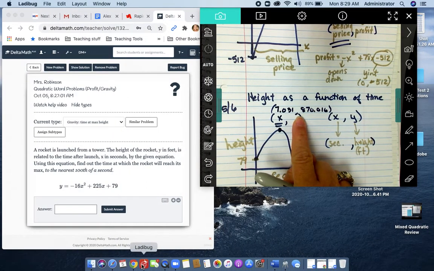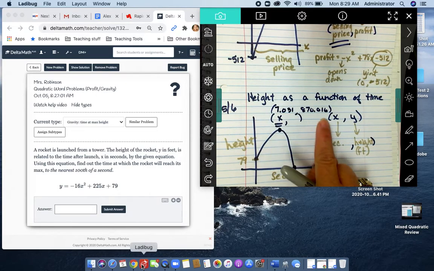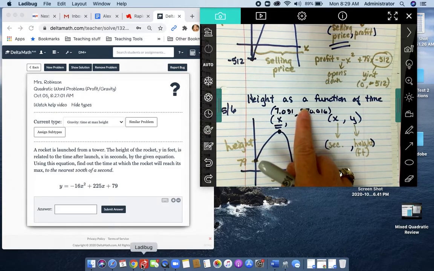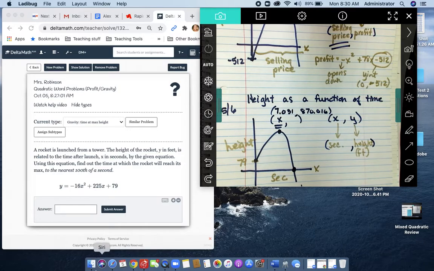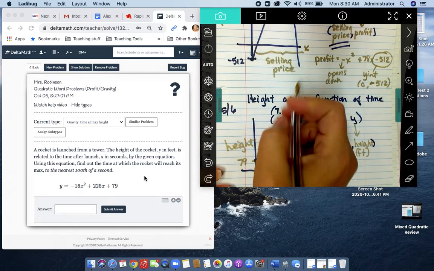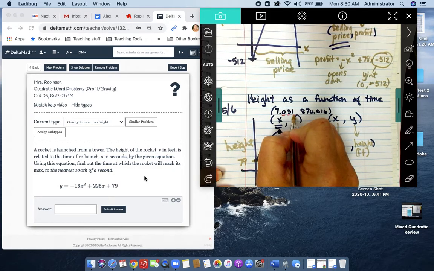I wrote that ordered pair right here in my notes. So if they want to know when it reaches the max, that's the x value because x is time in seconds. If they want to know how high it goes, we would type in 870. But what are they asking? Find out the time to the nearest 100th of a second. So what place is that? Well, the first is tenths, hundredths, thousandths.